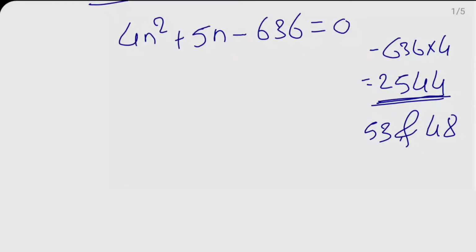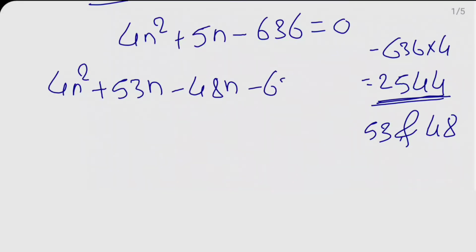So write down here 4n square plus 53n minus 48n minus 636, this equals 0. So make these two multiplication, we got 2544 and 53 minus 48 is 5.